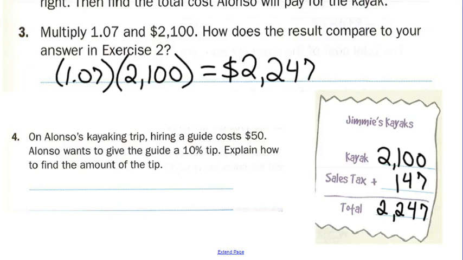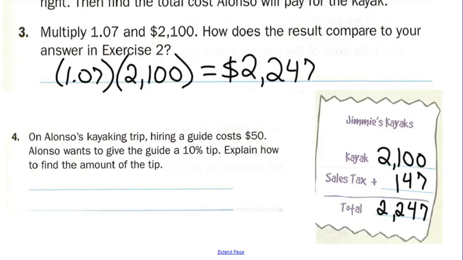So number 4 says, on Alonzo's kayaking trip, hiring a guide costs $50. Alonzo wants to give the guide a 10% tip. Explain how to find the amount of the tip. Well, if the cost is my total whole amount, a tip would be part of that amount.